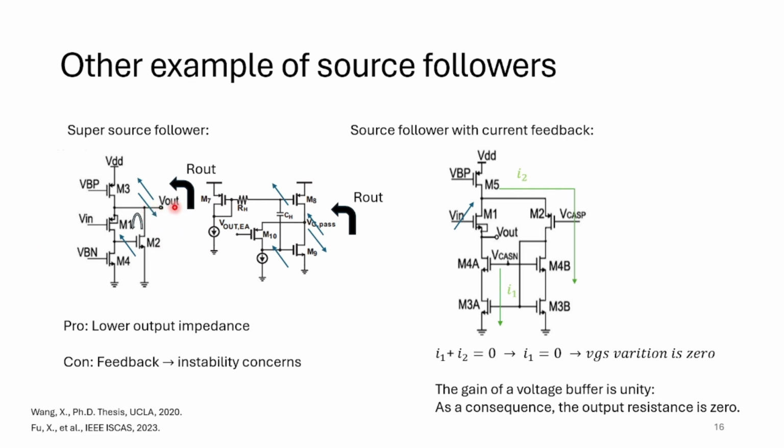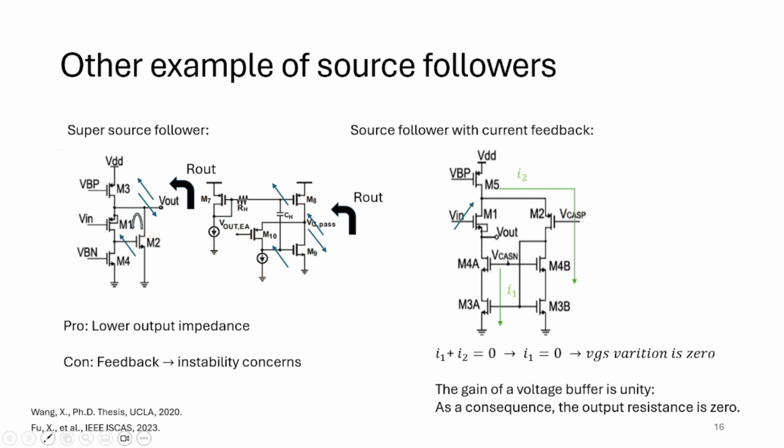So if you add a voltage source here and the voltage goes up, through this common gate, these parts go up, and through this common source, this part goes down. As you can see, the feedback suppresses the variation of voltage, and because of Ohm's law, this means low or zero resistance.